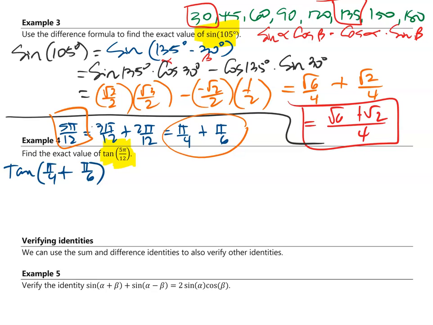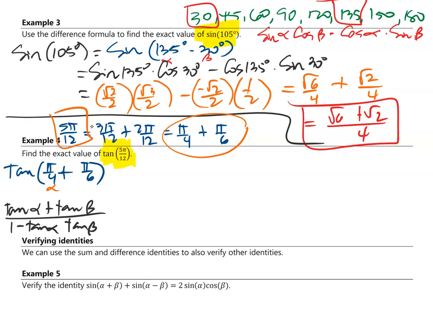And recall the formula for tangent: tangent of alpha plus beta is equal to tangent alpha plus tangent beta over 1 minus tangent alpha tangent beta.